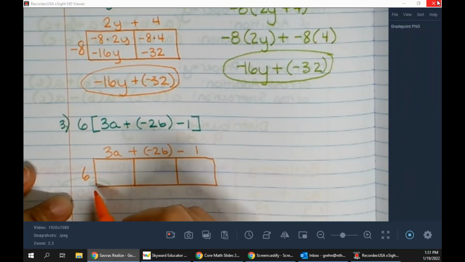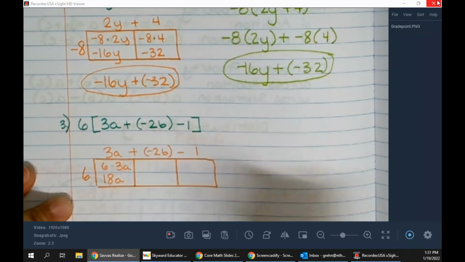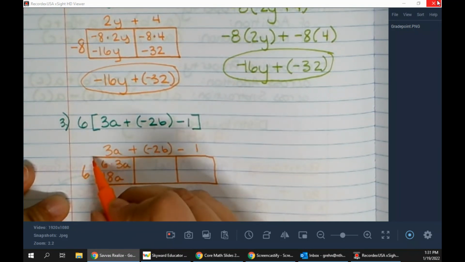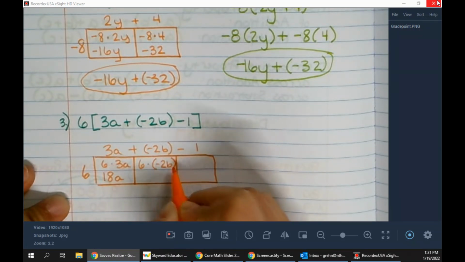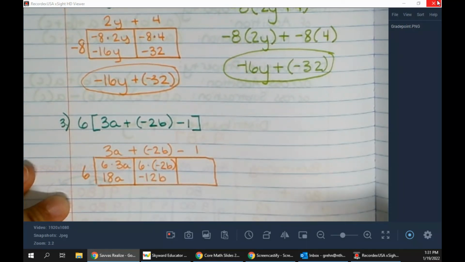Right, and then I just need to find the area, so length times width. So here I have 6 times 3a. 6 times 3 is 18, and then I'll bring down my variable. For the middle rectangle, I have the length and width of 6 and negative 2b. So 6 times negative 2b. 6 times negative 2 is negative 12, and then I'll bring down my variable.